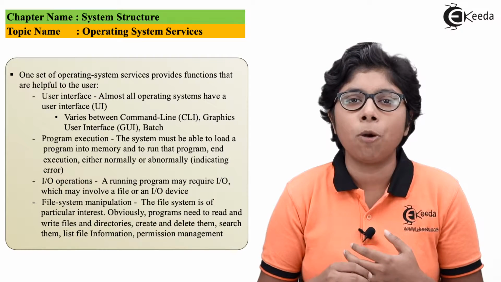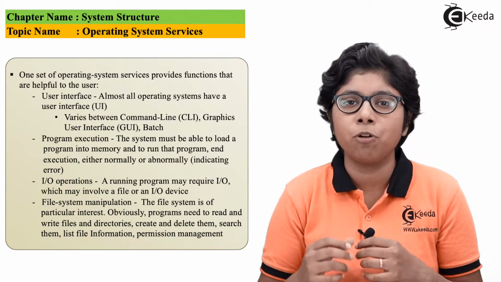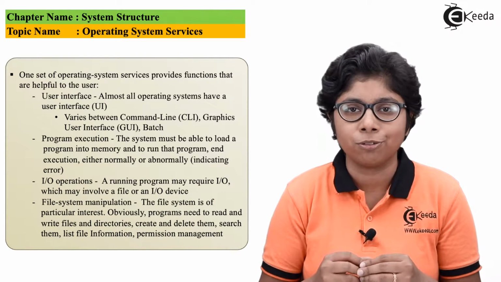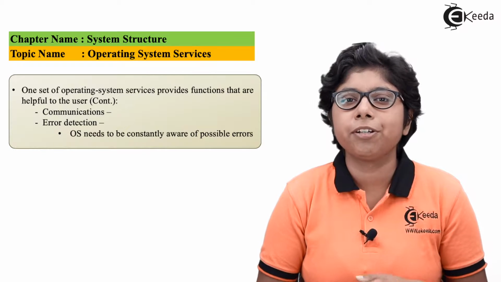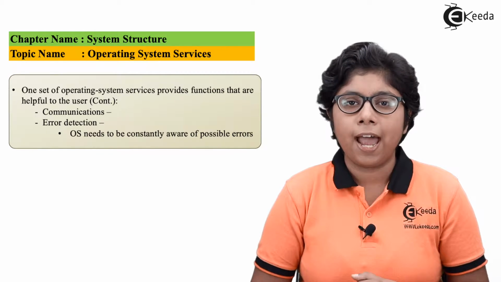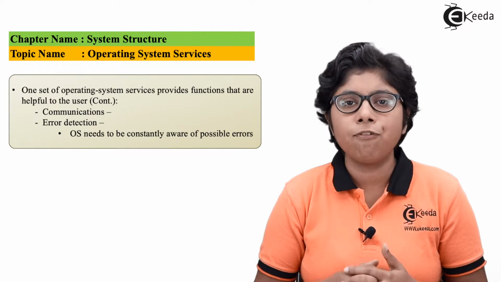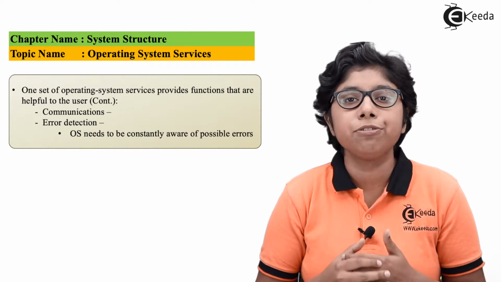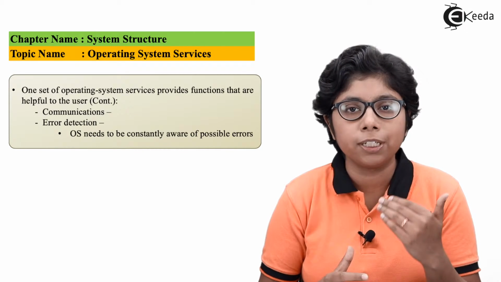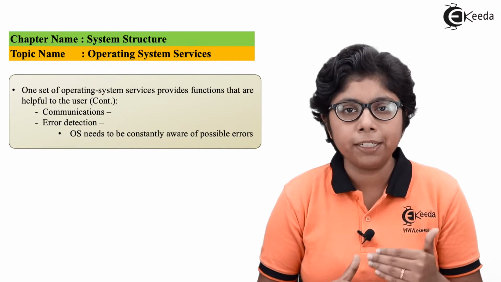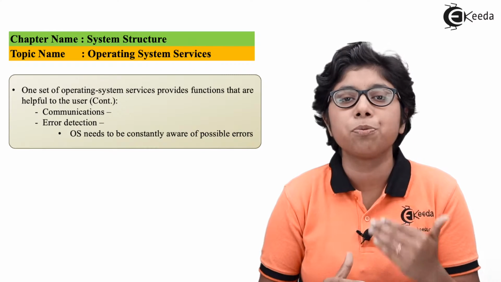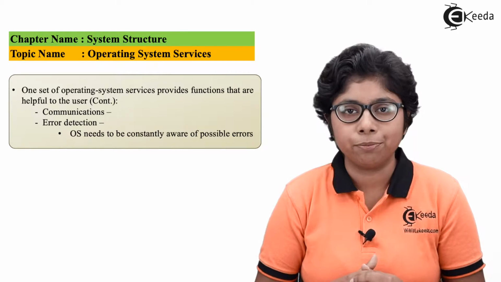This I/O should be operated normally and abnormal termination can be done also. There are some special functions required for special I/O, and there are more common general functions to perform the general I/O. Now for protection and convenience, the users cannot usually control the I/O directly, but the operating system provides means to do the I/O.